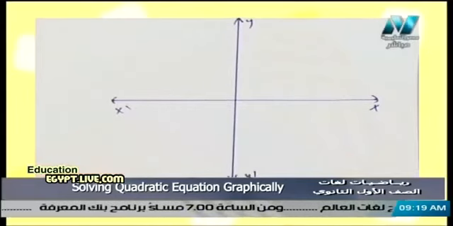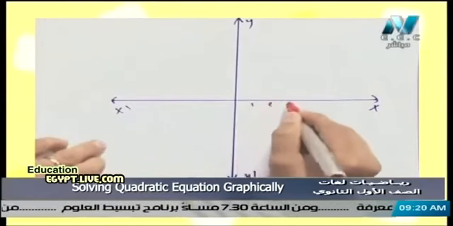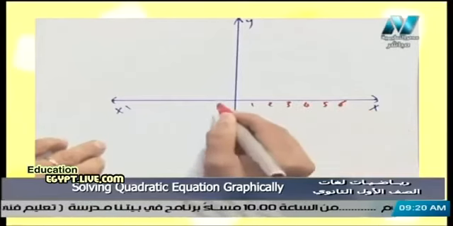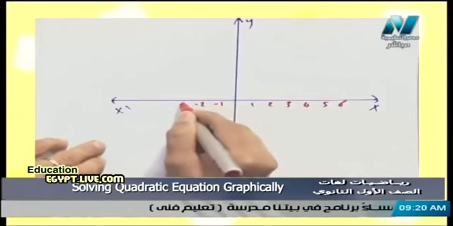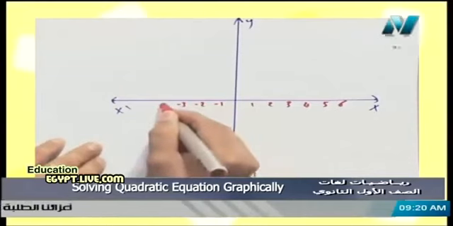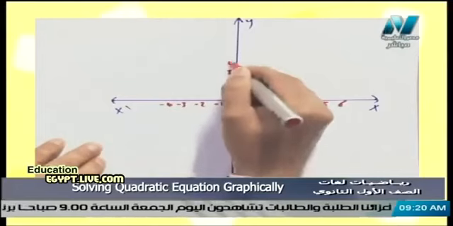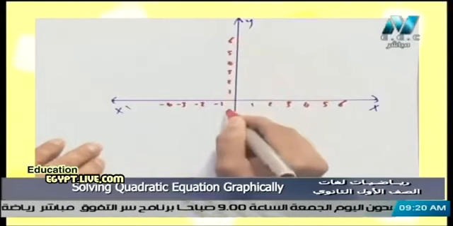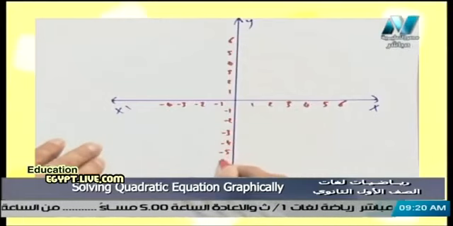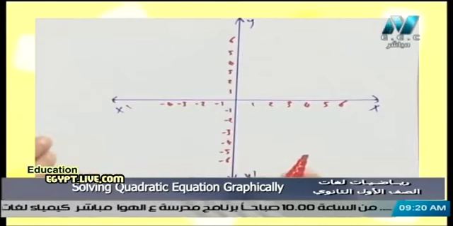And we have numbers here: 1, 2, 3, 4, 5, 6, and so on, and negative 1, negative 2, negative 3, negative 4, negative 5, negative 6.